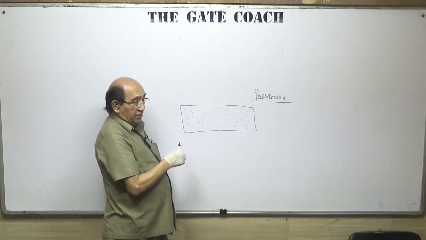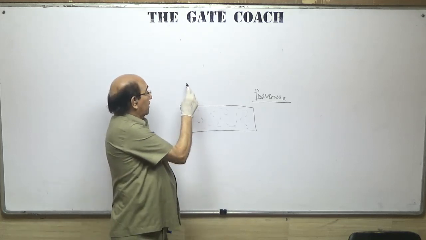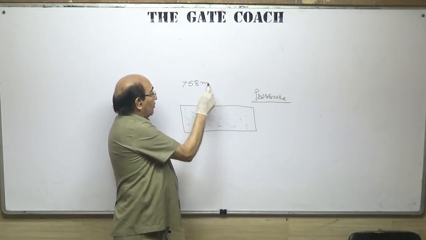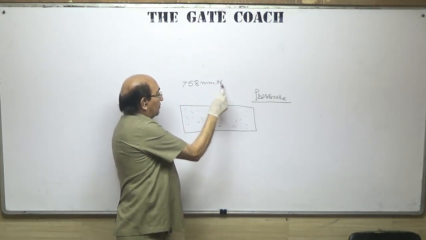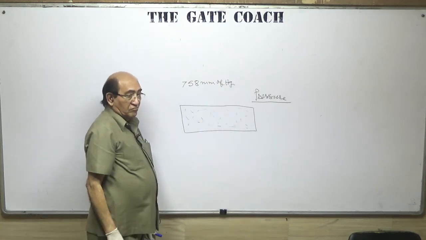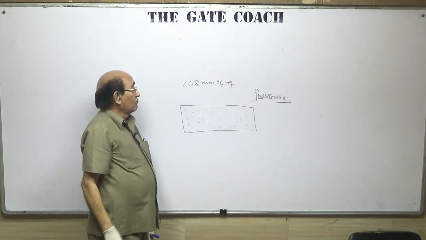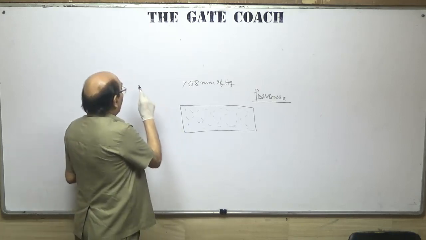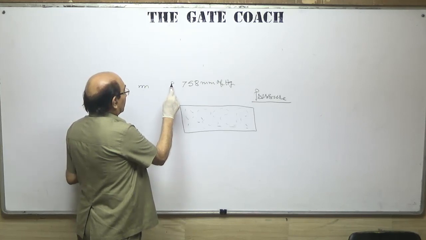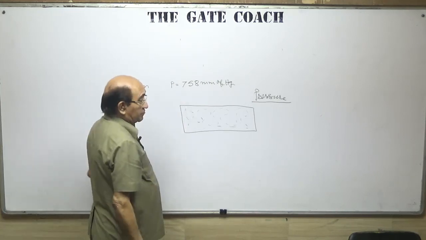I put a barometer and read the pressure as 758 millimeter of mercury. For a given mass of air, this is the pressure.